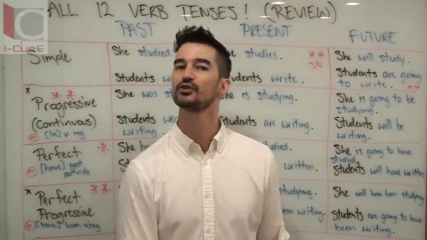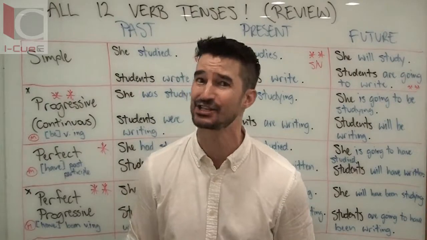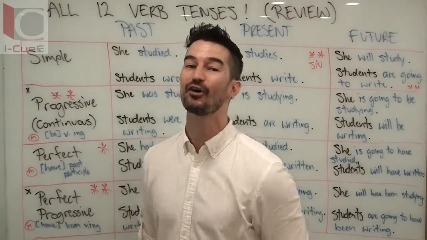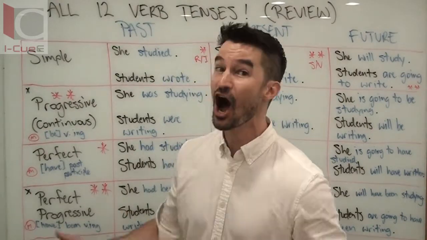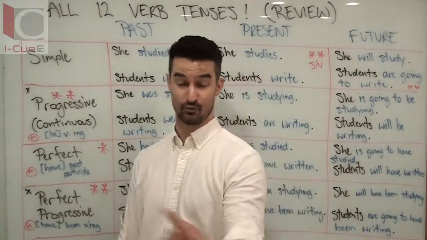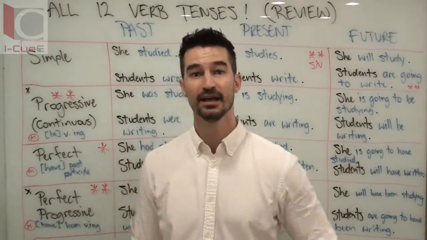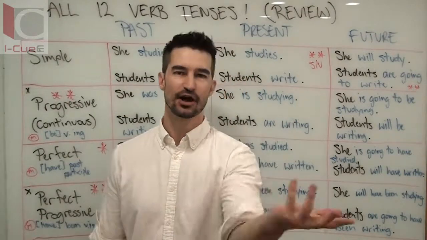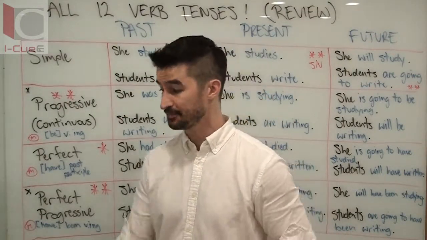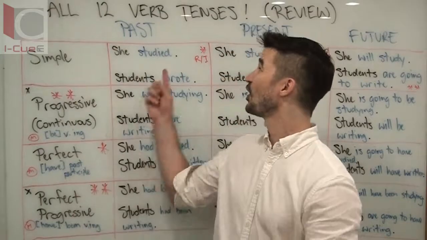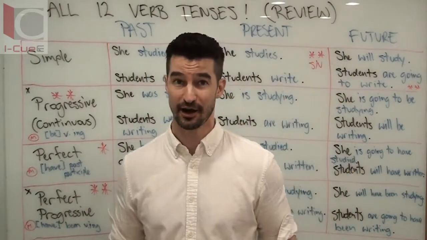Okay, look, if we're gonna do an all 12 verb tenses review, let me tell you, this is not gonna be taking all day, all right? We're just gonna run through this, and you just have to keep up. I can start off with a few important things. Obviously, you need to know what regular and irregular verbs are.